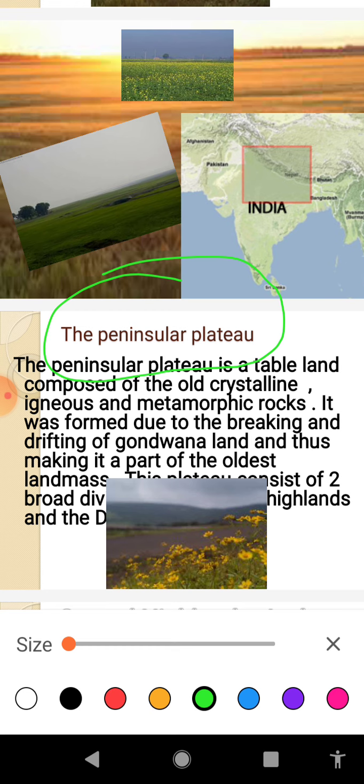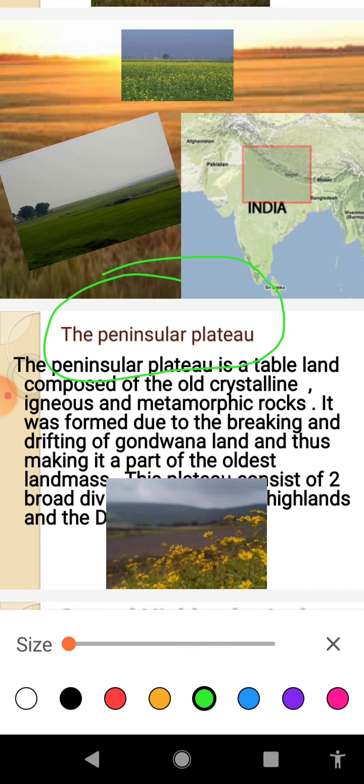With regard to the peninsular plateau of our country, this major geographic unit lies to the south of the great northern plain of India. It is a tableland which is composed of old crystalline igneous and metamorphic rocks.